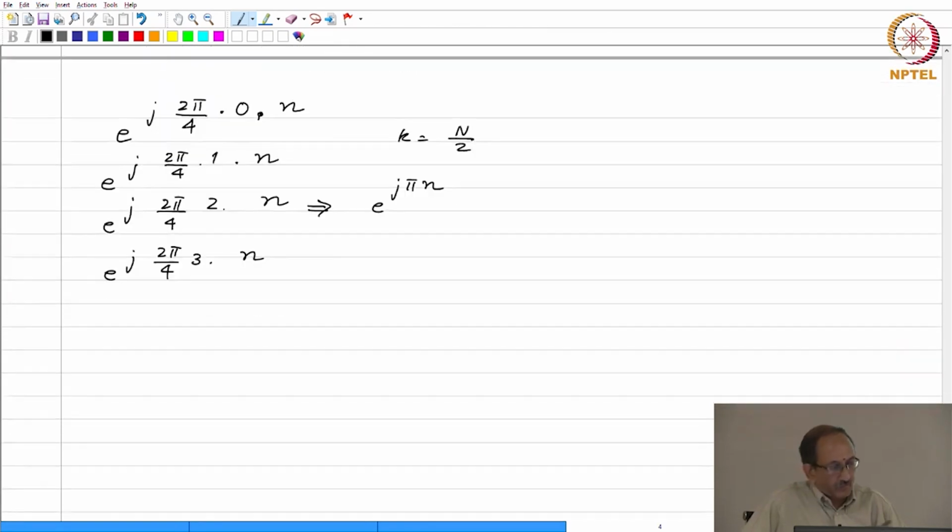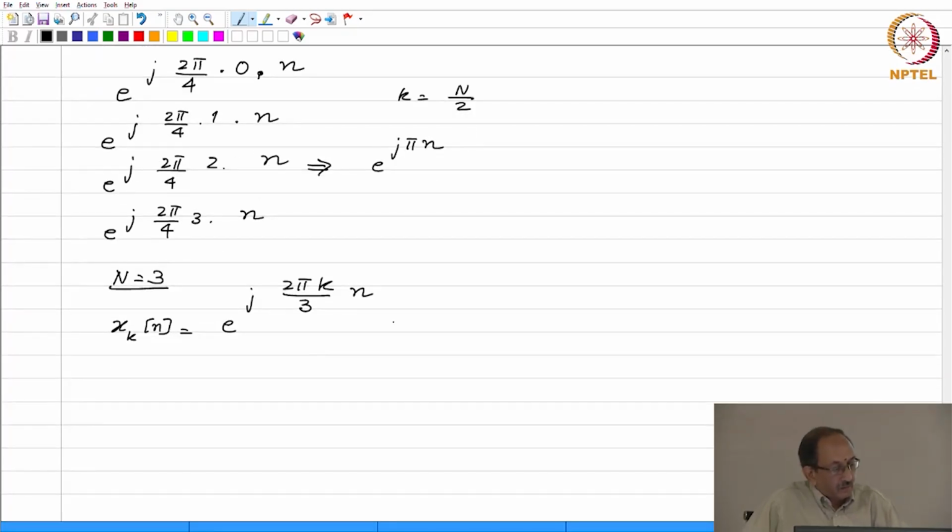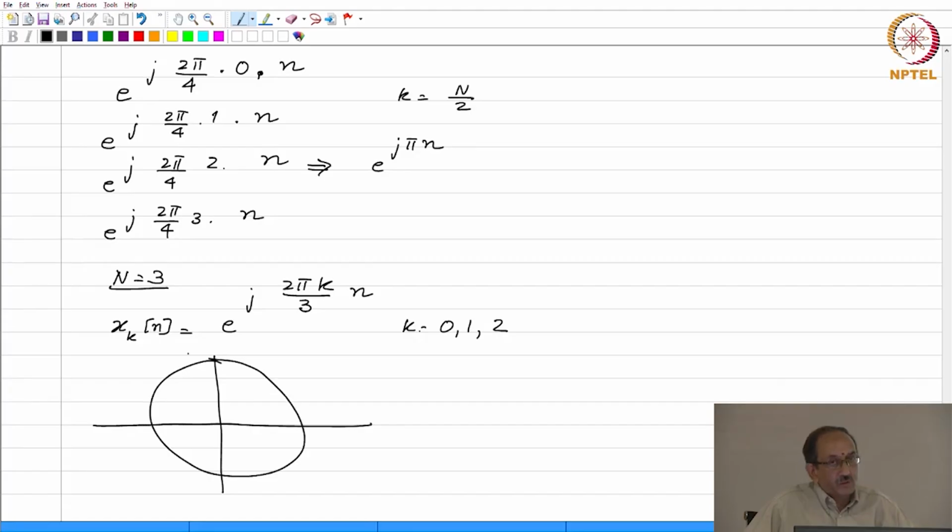On the other hand, suppose N equals 3, then x_k of n is e to the j 2 pi k by 3 times little n, and here k takes on the value 0, 1, 2, and if you plot these points on the circle, k equal to 0 will correspond to this frequency, k equal to 1 and k equal to 2.